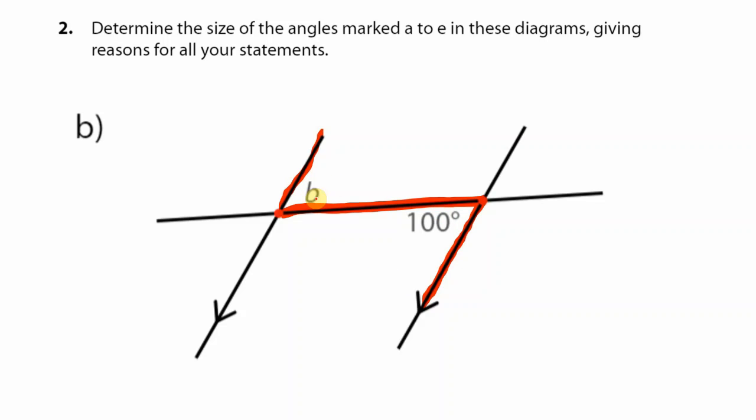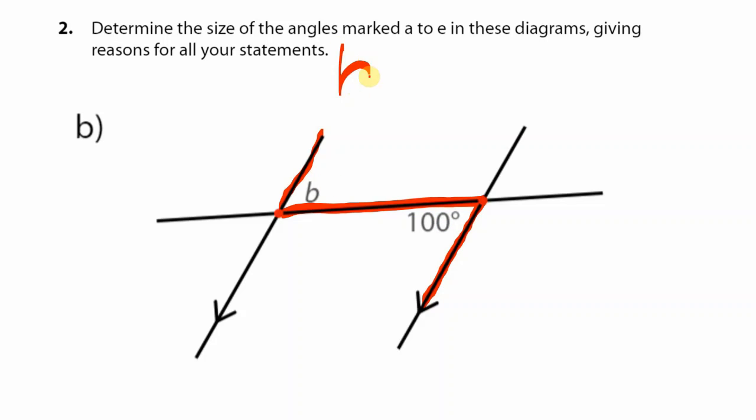Okay. What do we refer to as the Z shape? Yes, alternating. They alternate in one way. We have the transversal. They are on opposite sides of the transversal. One is on top of the transversal, the other one is to the bottom, but they are also in between the other two lines, in this case parallel lines, and if and only if they are in between parallel lines, we can say that these alternating angles are equal.